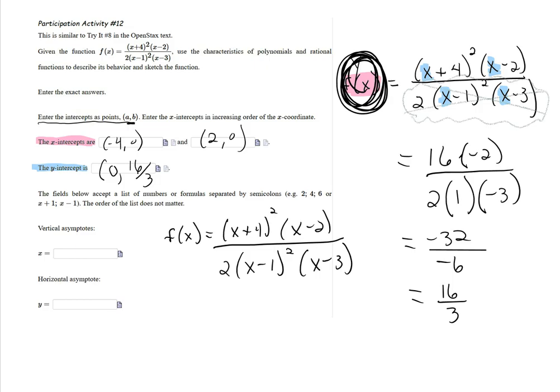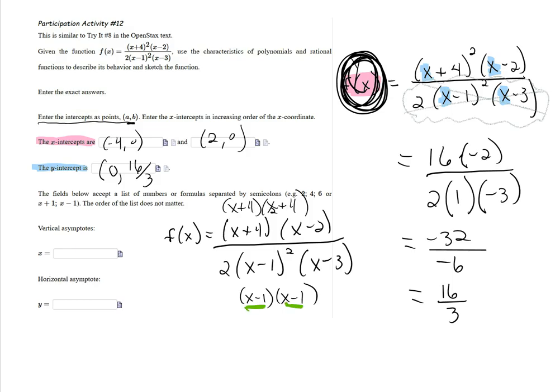An (x minus 1) squared really means an (x minus 1) times an (x minus 1). (x plus 4) squared means an (x plus 4) times an (x plus 4). There are no common factors in the numerator nor the denominator. So there's going to be no discontinuity.